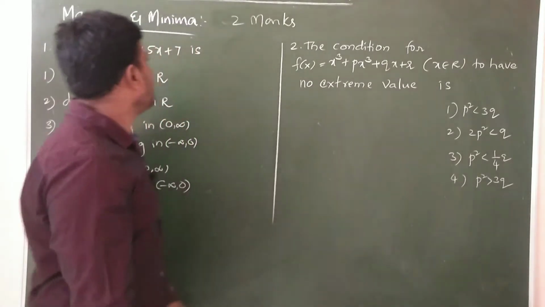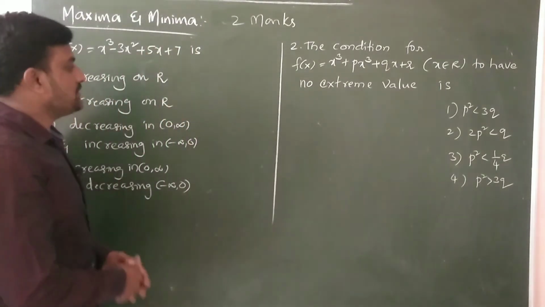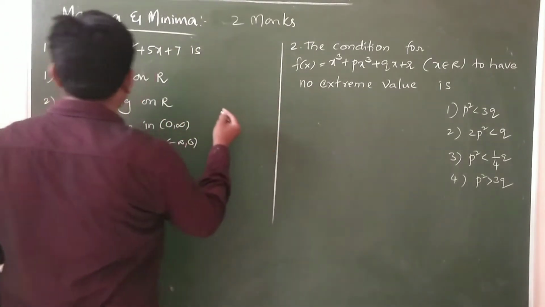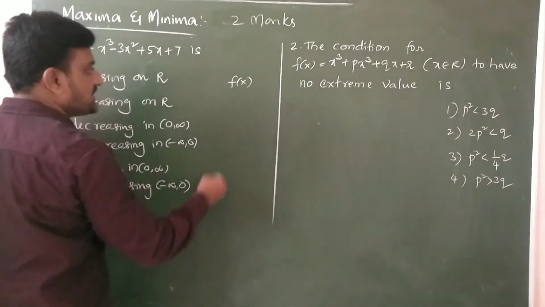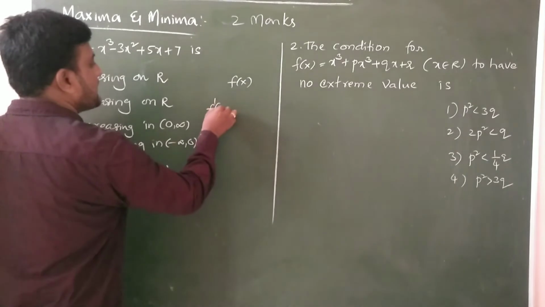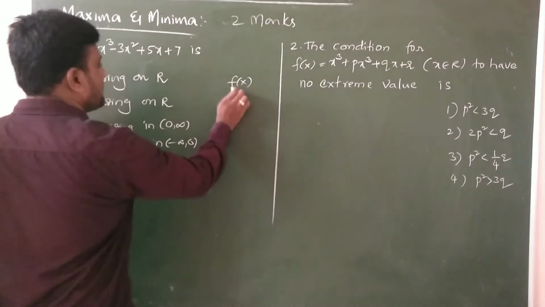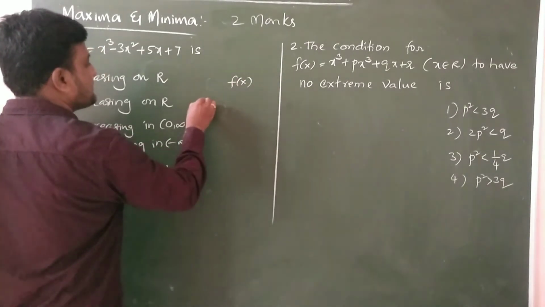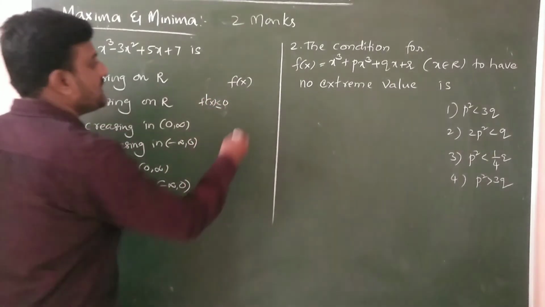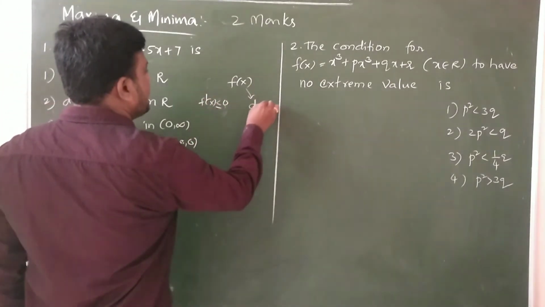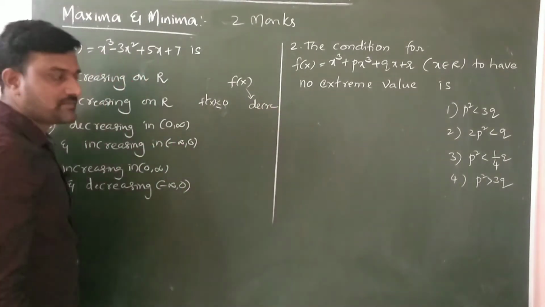At first we need to know what is decreasing and increasing. Here f of x is a function. If f dash of x is less than or equal to 0, then the function is decreasing.